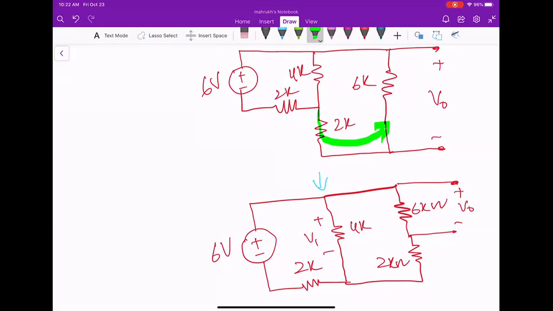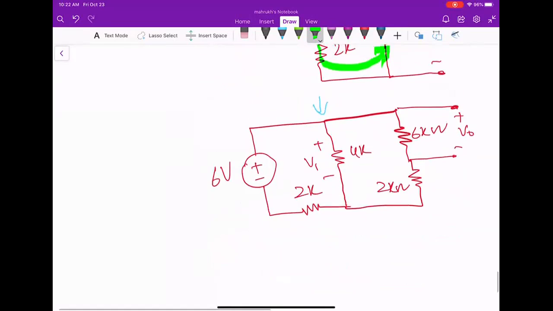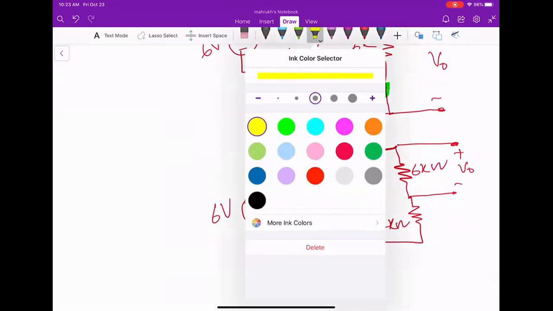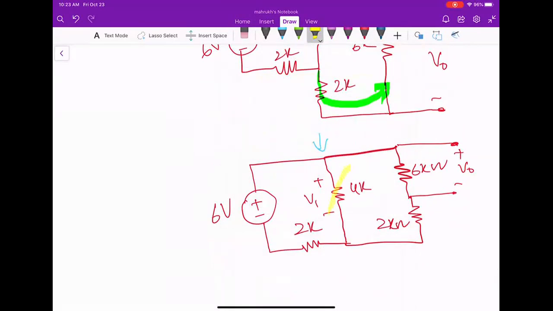Before that, what I'm trying to do here is I will just find the equivalent resistance here and apply the voltage divider rule to find the V1.